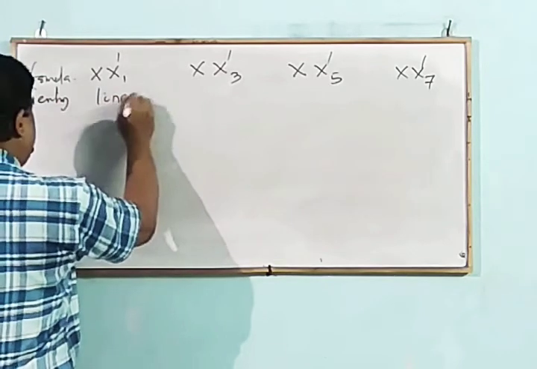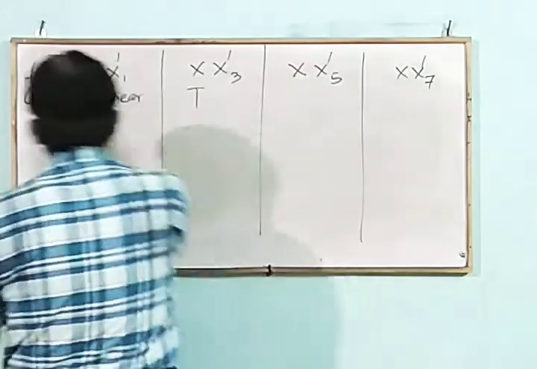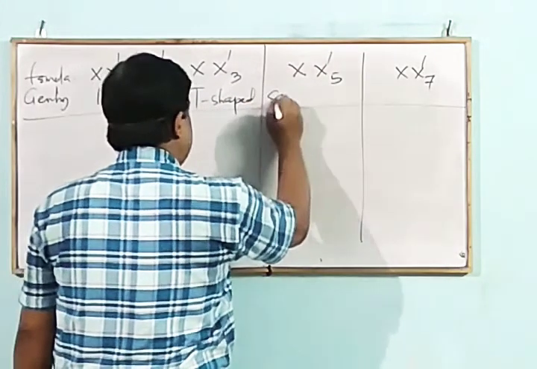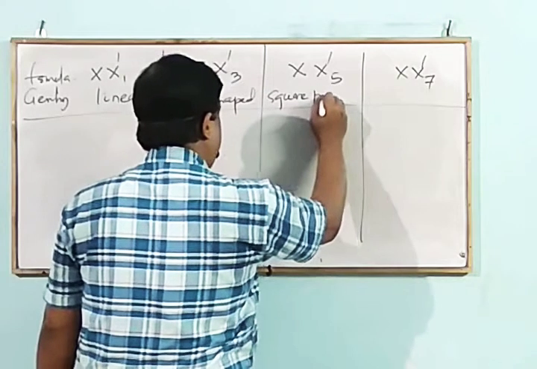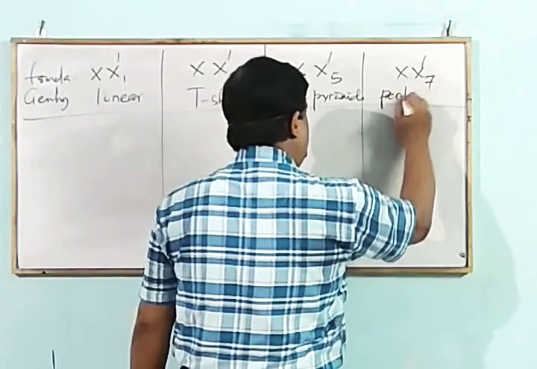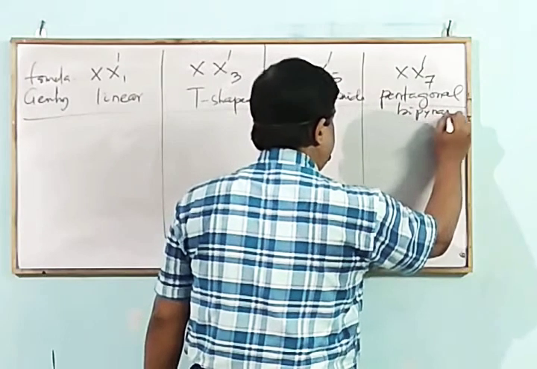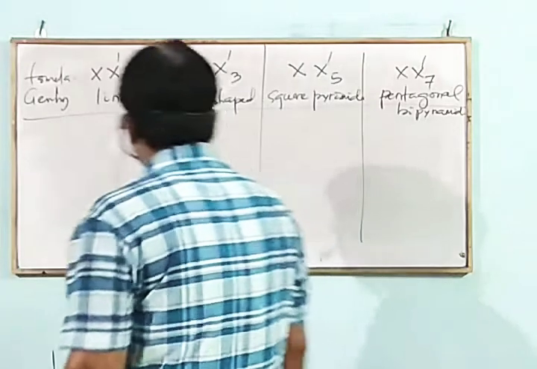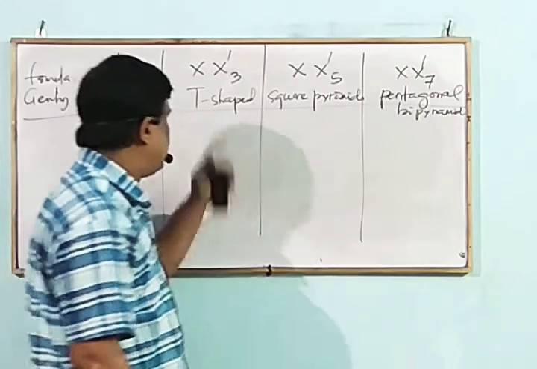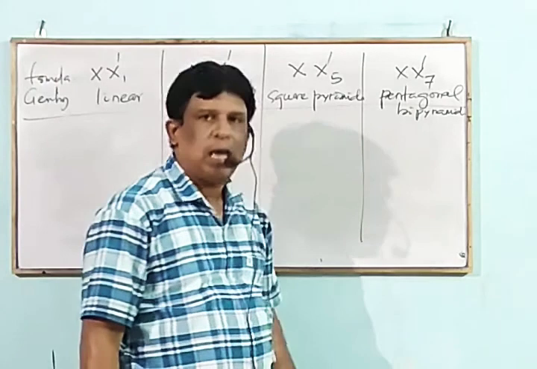It is linear, a T-shape, a square pyramid, and a pentagonal bipyramidal. I repeat again. The geometry of XX'1 is linear, that of XX'3 is T-shape, XX'5 is square pyramid, and XX'7 is pentagonal bipyramidal.